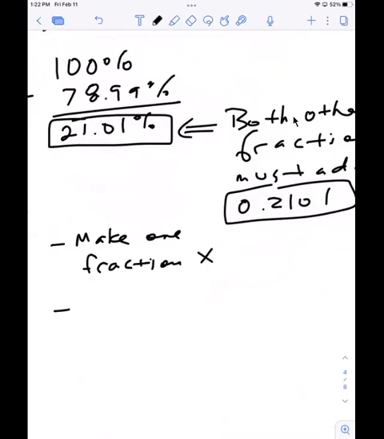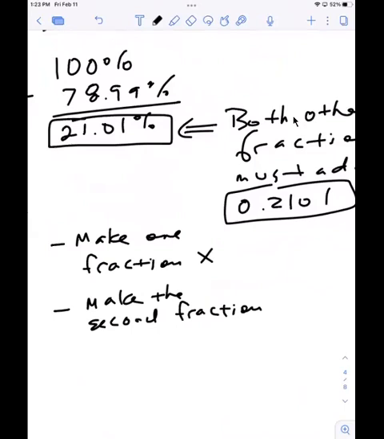What will we make the other fraction? Anybody, what will we make that second fraction?